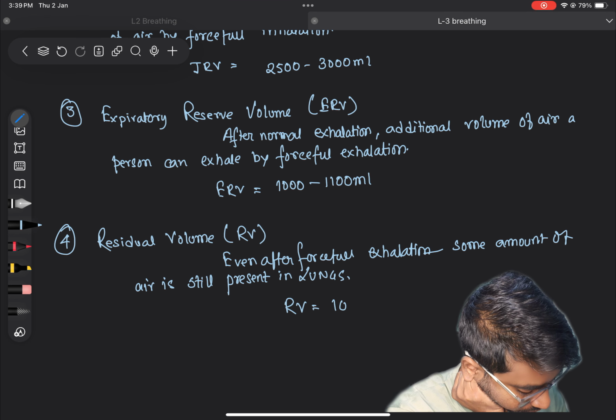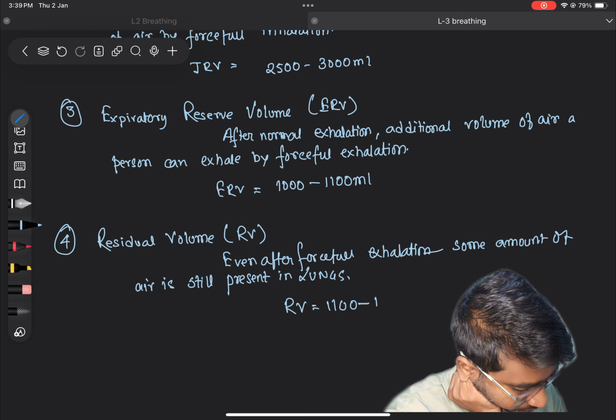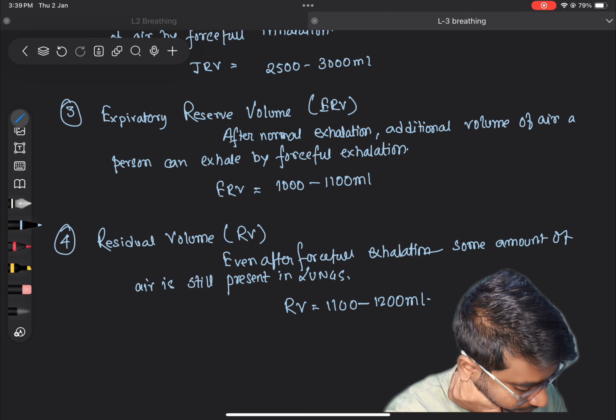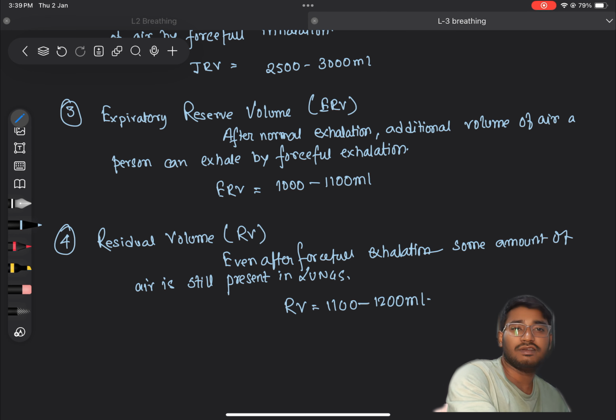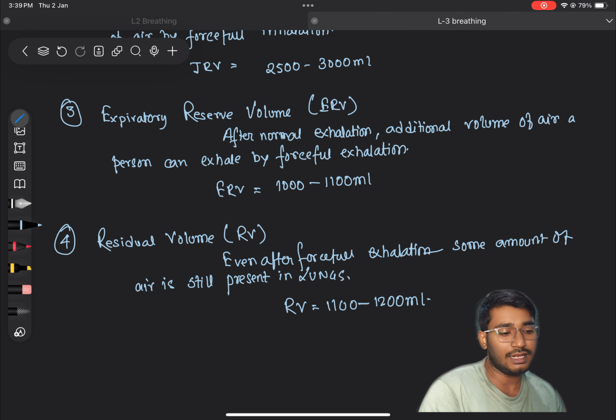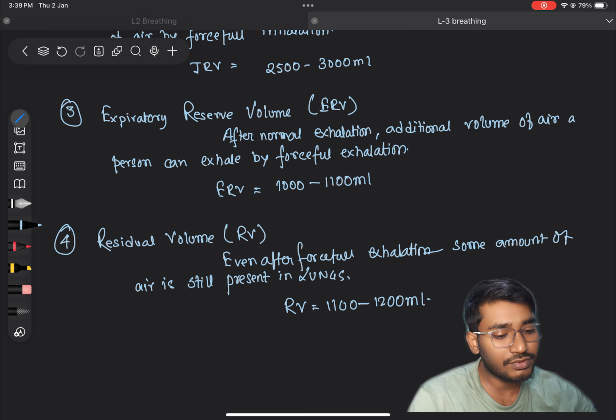RV equals 1100 to 1200 ml. Okay, done. Then we come to the next.